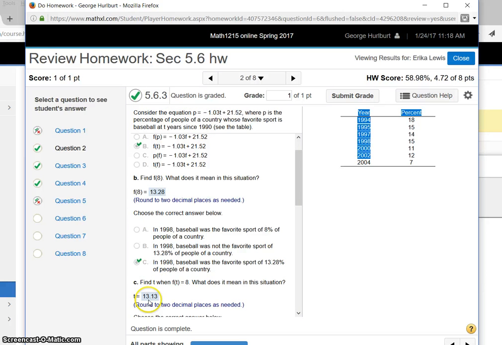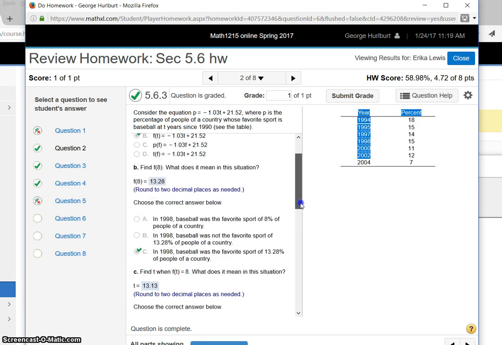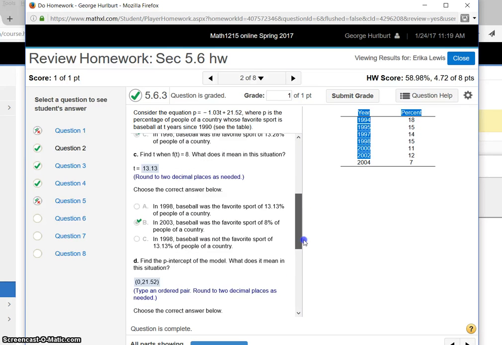And you got 13.13. All right, so now this is the time number. So now this would be 13 years, which means we started in 1990. 13 years later would be 2003. In 2003, only 8% of the people say baseball is their favorite sport.